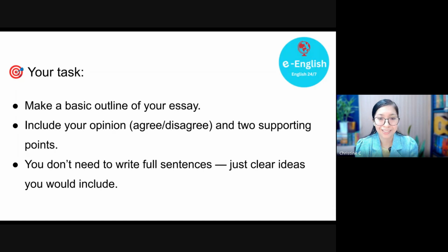For some, 20 minutes is not a lot of time. What can help you is when you train yourself during practice time. So set a timer, and you can also think of how many minutes you're going to give yourself for planning or outlining your essay, how many minutes you're going to give yourself for writing.